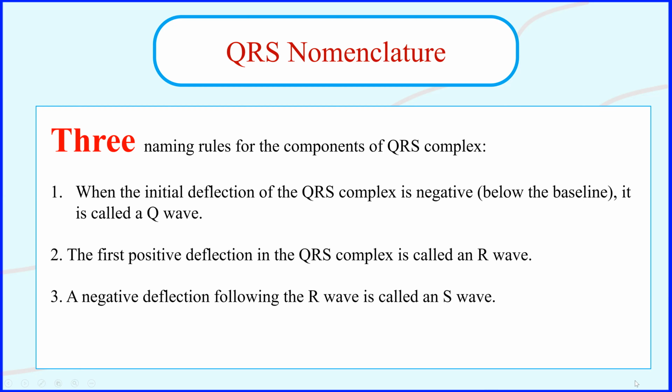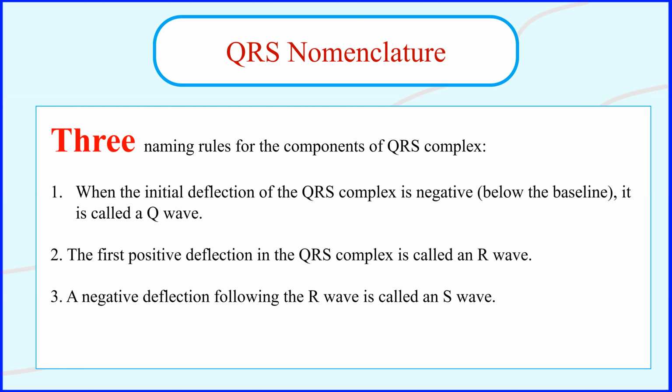Now, from these three rules, we can extrapolate some more information. The first information is, whenever you find a positive wave, by definition it is an R wave. R wave is always positive, and any positive complex is an R wave, okay? Now, S wave is the negative deflection after the R wave.